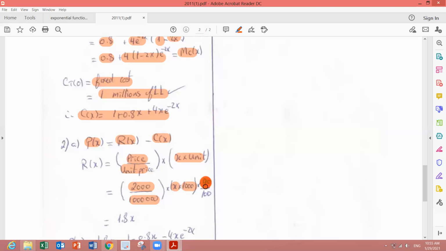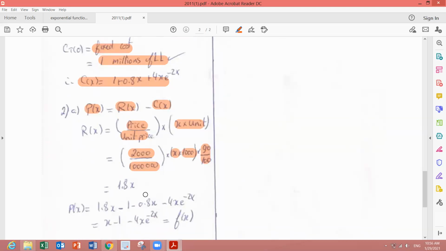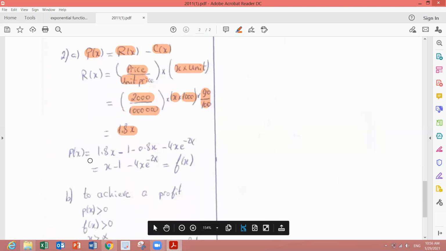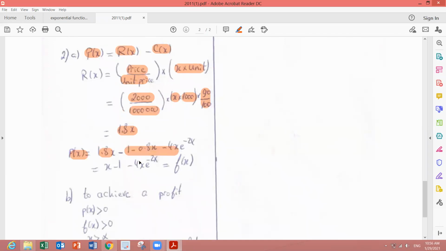Pay attention, times 90%. We get 1.8x. We removed the zeros, 6 zeros with 6 zeros, it gives 1.8x. So the profit is equal 1.8x minus this value. So it is equal f(x).